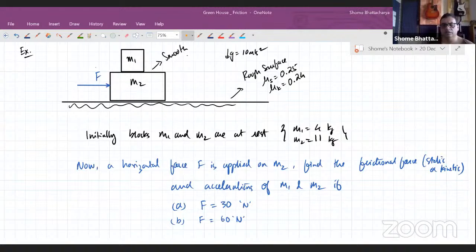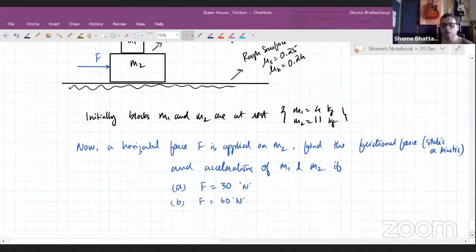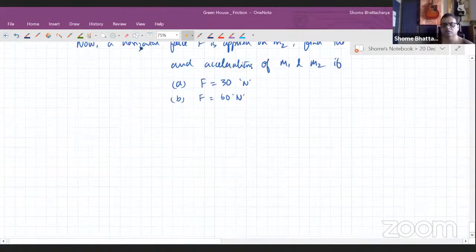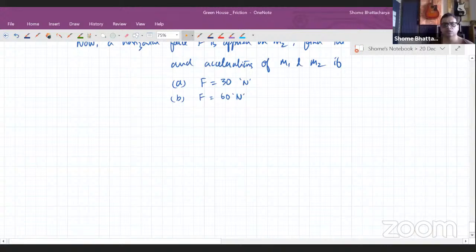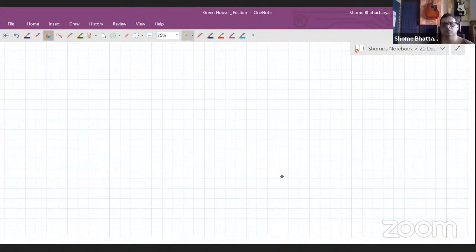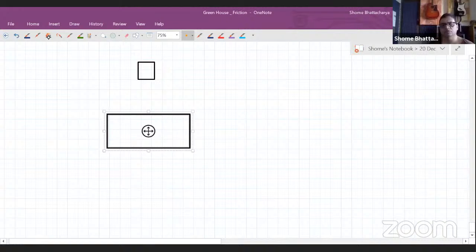Vashisht, no, the answer is not correct. Okay, you have to understand that at the surface of contact between M2 and the ground, how much will be the normal reaction? So the first thing you have to understand here is between M2 and the ground, what is the normal contact force? You'll see that is 150 newtons.